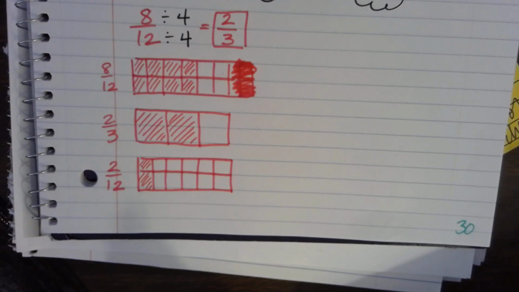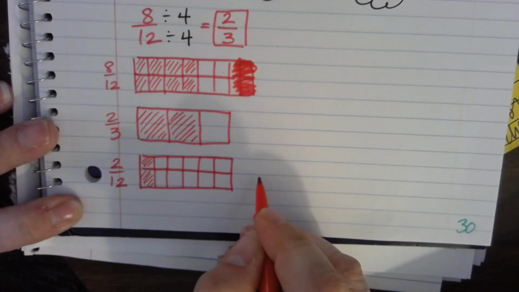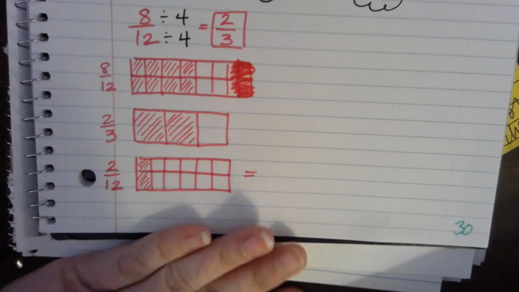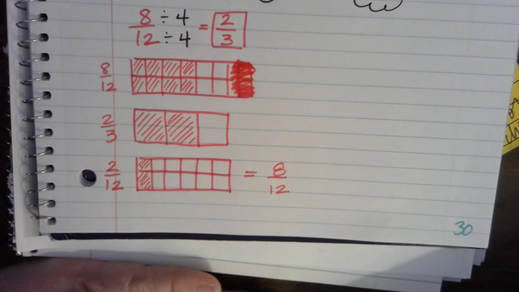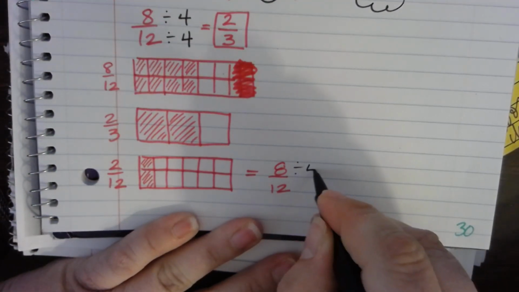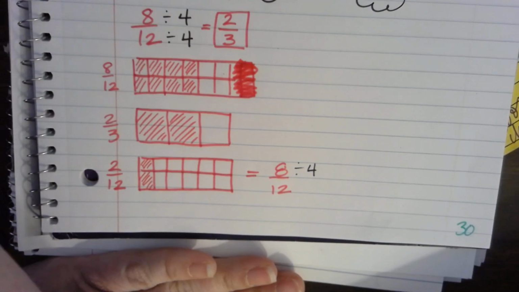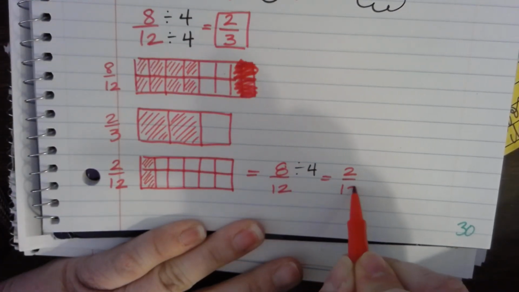I put 6 on the top, 6 on the bottom. Oh, okay. So I'm just going to come over here and say, okay, I had 8/12. I'm going to show that I only divided by 4 on the top. And I ended up with 2 out of 12.